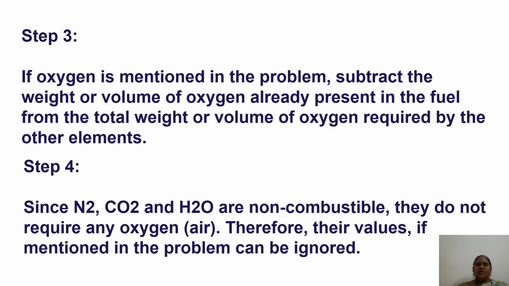Step 4. Since nitrogen, carbon dioxide and water vapor are non-combustible, they do not require any oxygen or air. Therefore, their values, if mentioned in the problem, can be ignored.